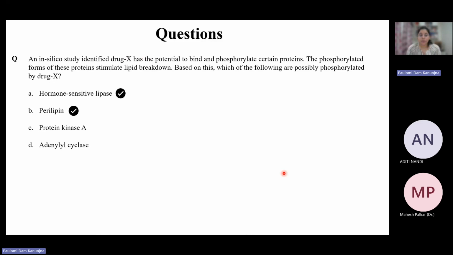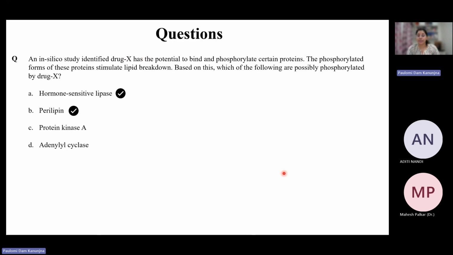Now, the phosphorylated form of these proteins stimulated lipid breakdown. Fantastic. We know that this drug phosphorylates the proteins which are involved in lipid breakdown. And we are just supposed to know which ones are getting phosphorylated for lipid breakdown among this.